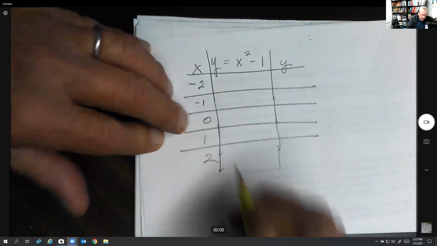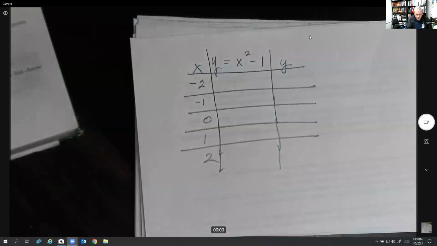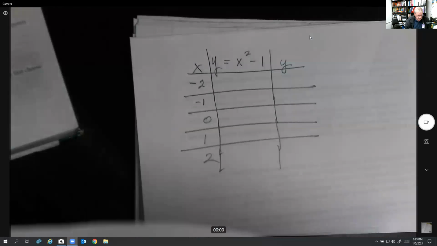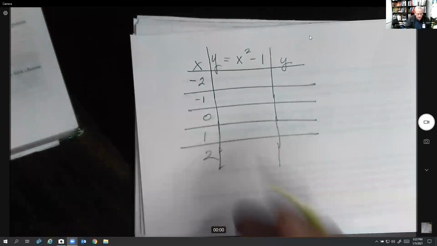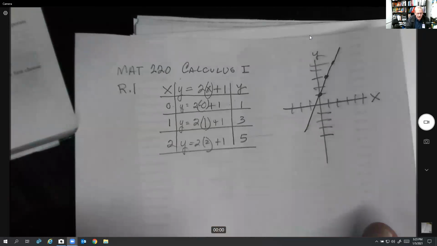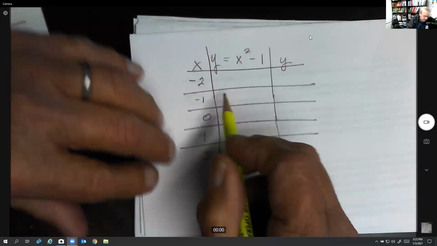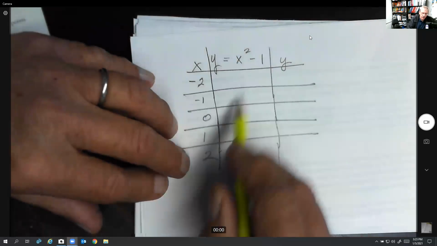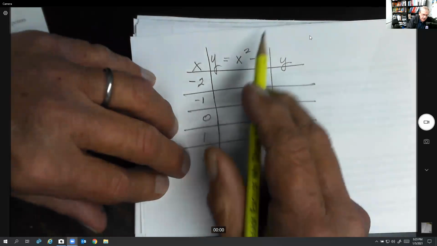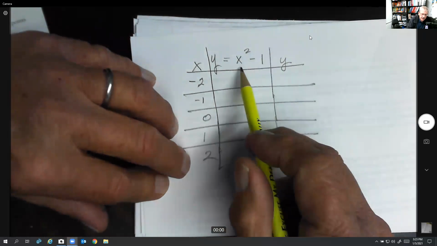So this way we have a number of values for x. We have a lot of numbers to put in place. Here I only used 3 because I knew it was going to be a straight line. Here it's going to be kind of a curve, and I don't know exactly what's going to happen. I have a pretty good idea.